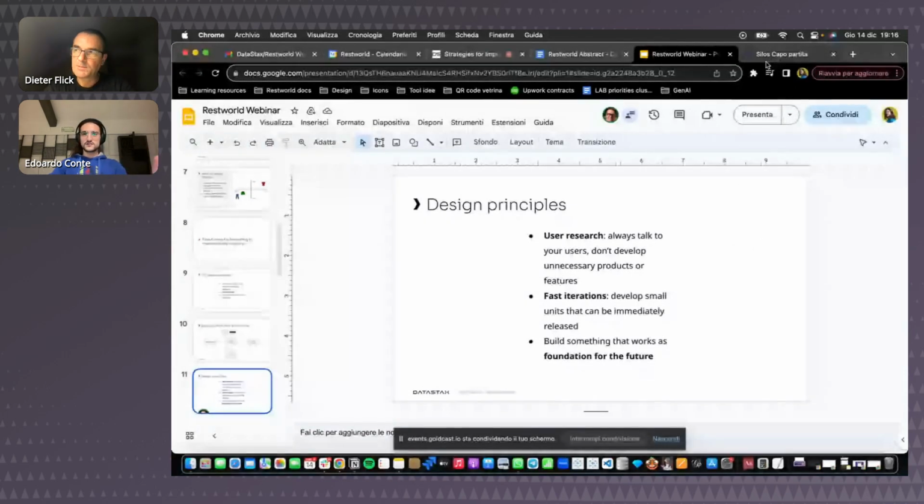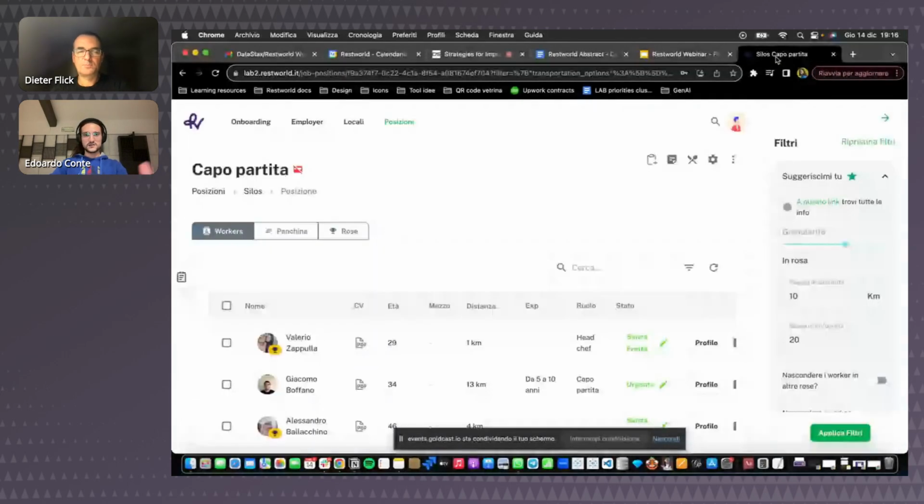It's not so easy to show, but let's try, and then you can ask me any kind of question so we can get deeper. I'm sorry, but the interface is in Italian. We're working in Italy, so we designed this internal platform all in Italian, and if I translate it, sometimes it gets bugged. So let's leave it like this. I believe it's quite easy to understand.